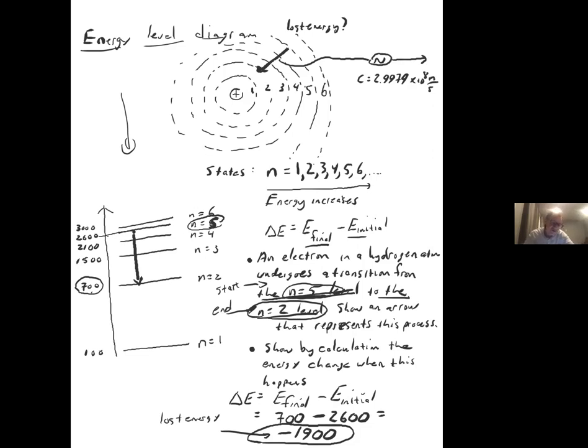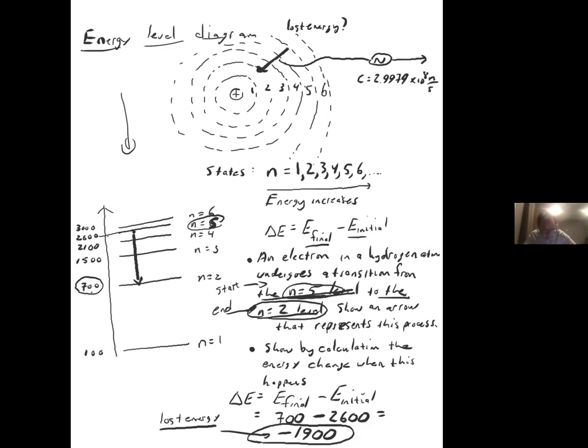And we would perceive that, if the wavelength is correct, as visible light. So when the value is negative, that means the atom lost energy and a photon will be created, which leaves the atom, flies away at the speed of light, okay?